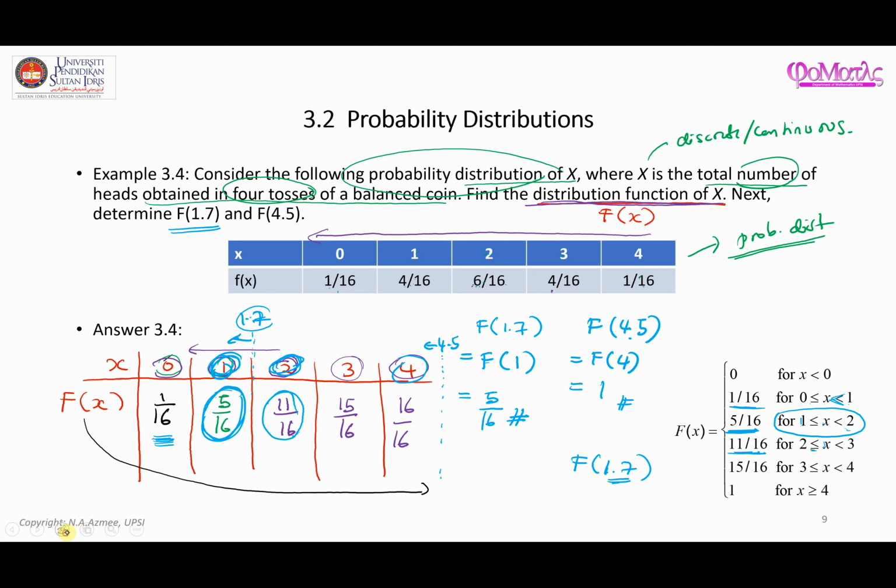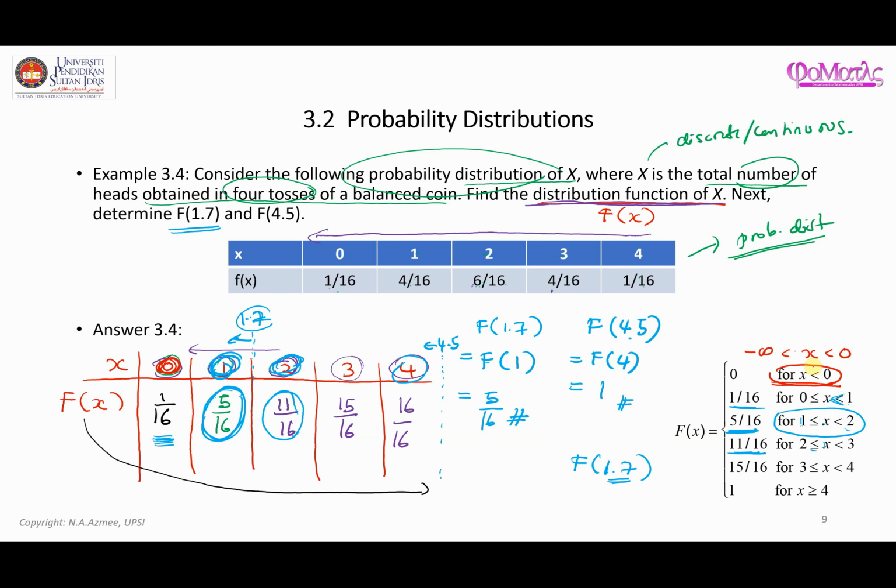Now another way of writing this is we can say that the result here is going to be 0 if x is less than 0, because the lowest value of x is 0. So if it is less than 0, between negative infinity and 0, then the result is going to be 0.